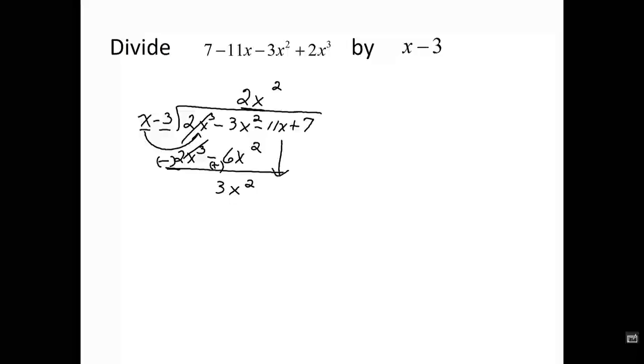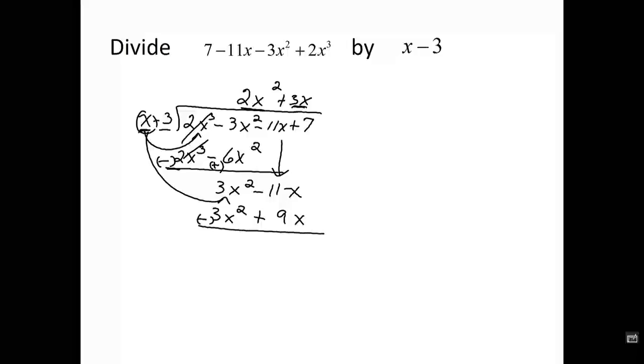The next term is a negative 11x. Repeat the process. X divided into 3x squared is a positive 3x. And now multiply. 3x times x is 3x squared. 3x times a positive 3 is a positive 9x. And now subtract.